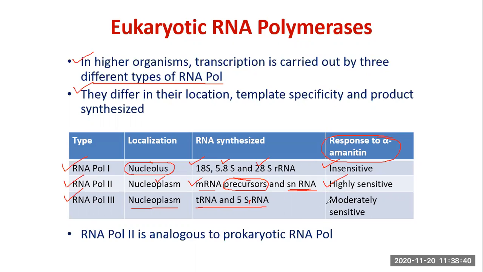And RNA pol 3 requires a relatively higher concentration of this toxin to get affected. That means it is moderately sensitive. Of these three RNA polymerases, RNA pol 2 is analogous to the prokaryotic RNA polymerases, meaning it is the main RNA polymerase involved in the synthesis of messenger RNA. Thank you.